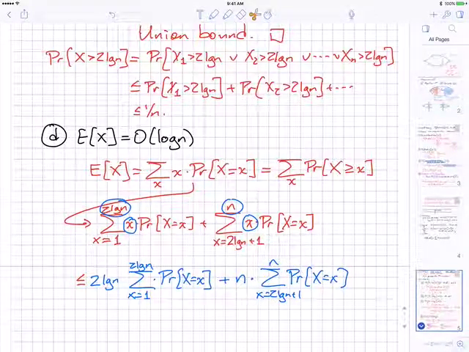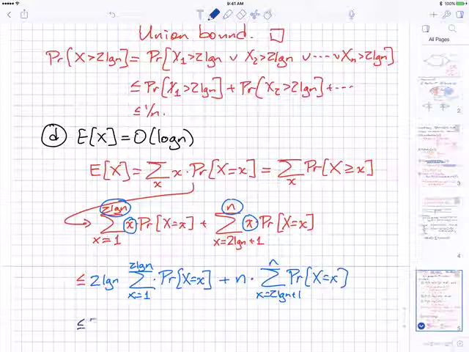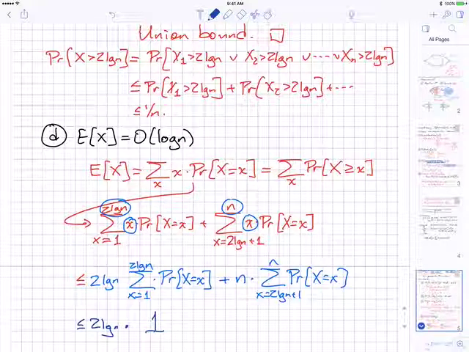Okay. And then I'm going to look at these summations and see what they actually represent. The summation over here on the left is the probability that capital X is at most 2 log n. Well, I actually know an upper bound for that. Does anyone want to tell me what it is? 2 log n times what? 1.